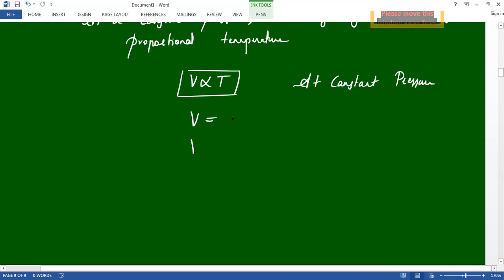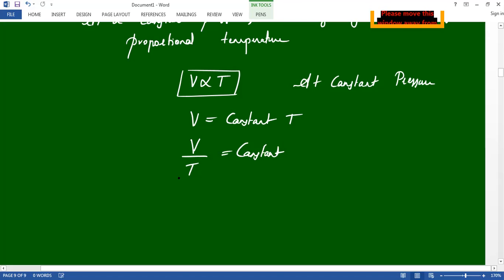To avoid confusion, since some people will think it is Kelvin, we'll write constant into T. So V by T, volume by temperature, is equal to constant.